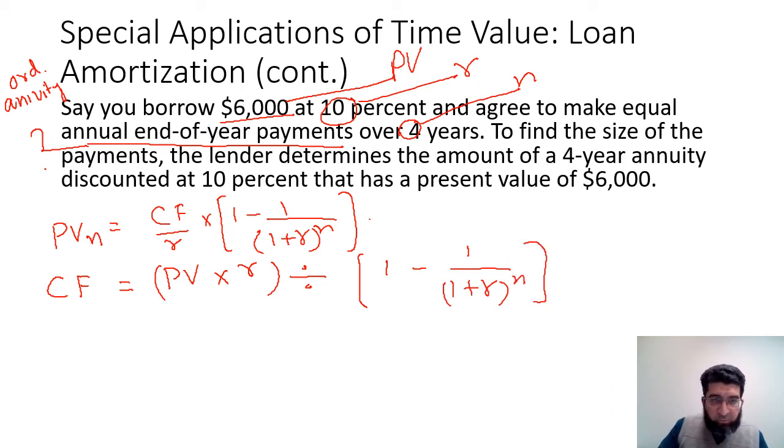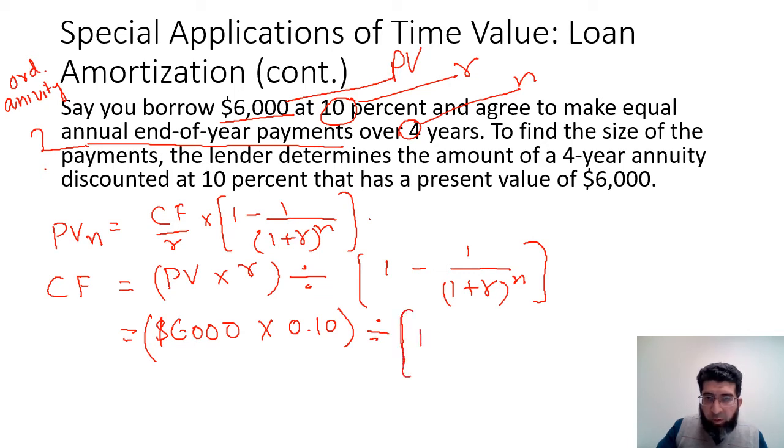Now in order to solve it, we will have present value, which is $6,000, multiplied by 10%, which is 0.10, and then we have to divide it by 1 minus 1 over 1.1, 10% to the power of 4 years.